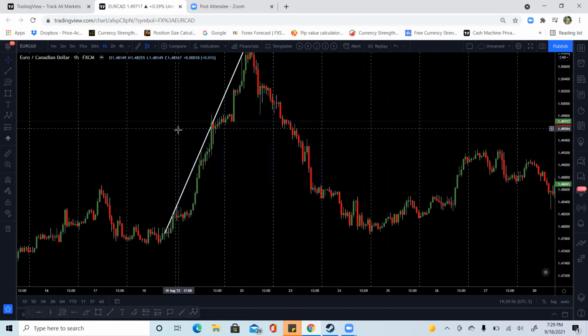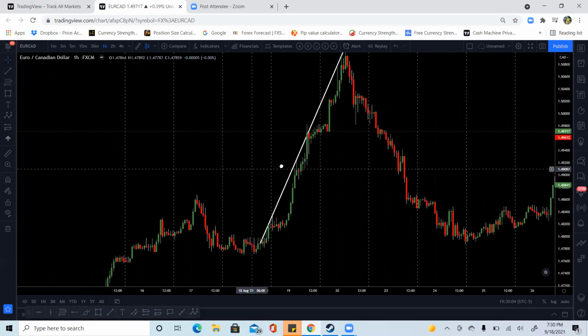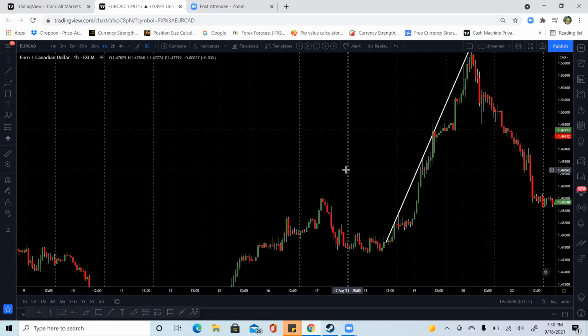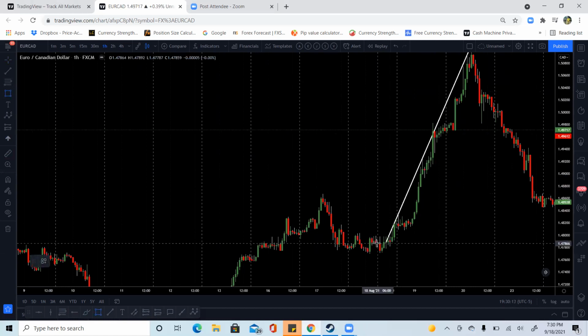That's a big move. What if you're looking for the institutional entry of that retracement? What you would gear yourself up for is looking for that last significant candle before that move started. That last significant bearish candle, because this is a buy move, which would be this candle here.